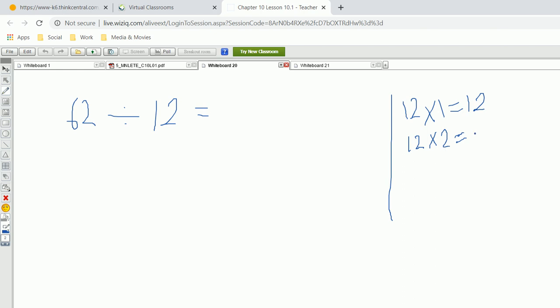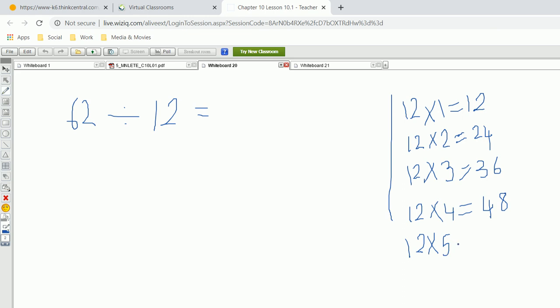12 multiplied by 2 equals 24. 12 multiplied by 3 equals 36. 12 multiplied by 4 equals 48. We didn't reach 62 yet. Continue till you reach 62 or greater than 62.